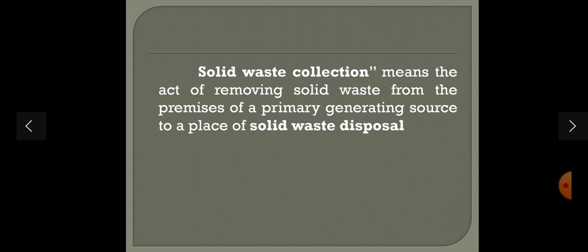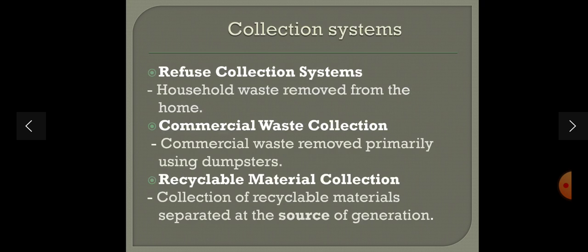Also, they should be strong and durable enough to resist stray animals from ripping the waste that is being stored in the container. All these points are to be considered. Now we'll see what the different collection systems are.